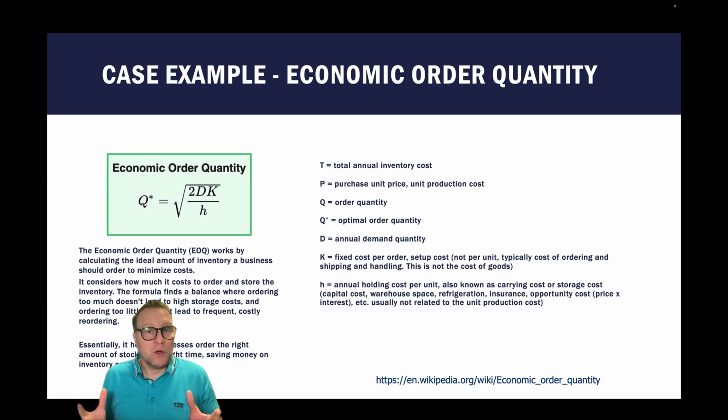Finally, you have the order quantity. You have here Q star, the optimal order quantity. From the optimal order quantity, you have to derive the actual order quantity because you have maybe other constraints. And then in the formula, you still have the annual demand quantity: how much do you really need in the year? How much is the fixed cost per order? And how much is the annual holding cost per unit?